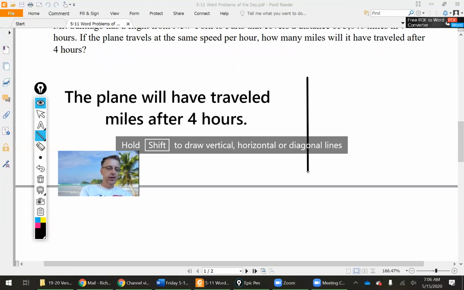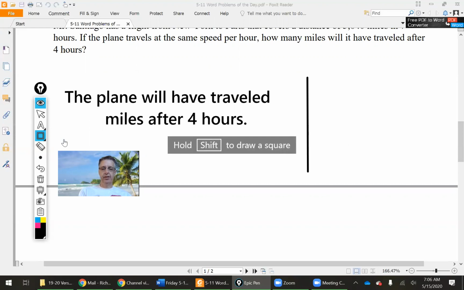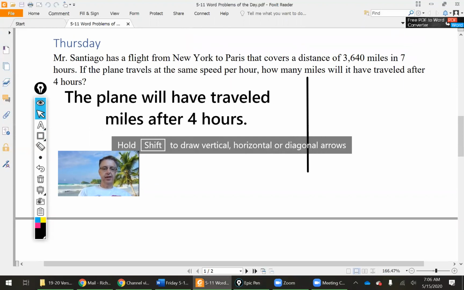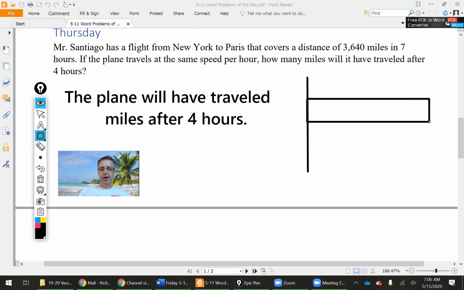Then what I'm going to do is make a model, and my model is going to be based on, I should probably have moved down my word problem so I could read it. The model is going to be based on the plane miles. So let's draw a unit bar to show my plane miles. That's probably good right about there.